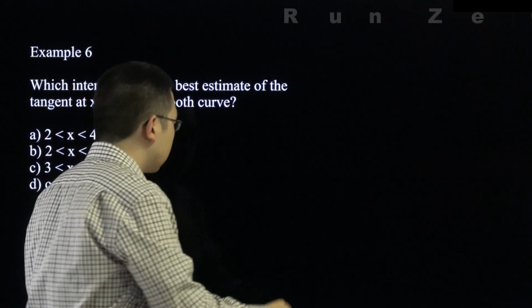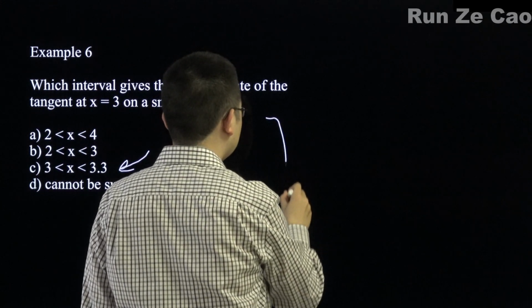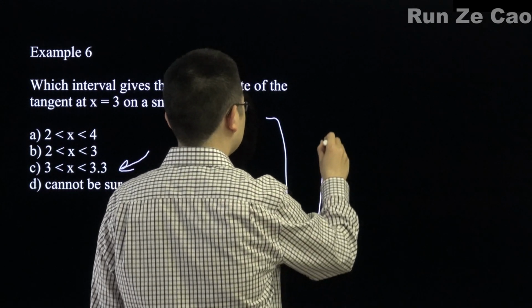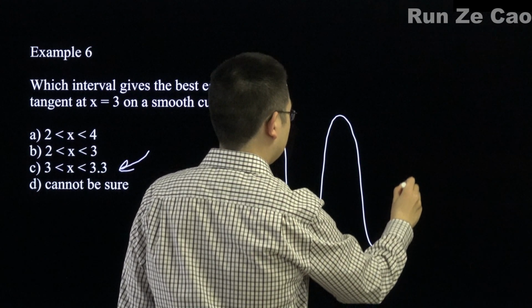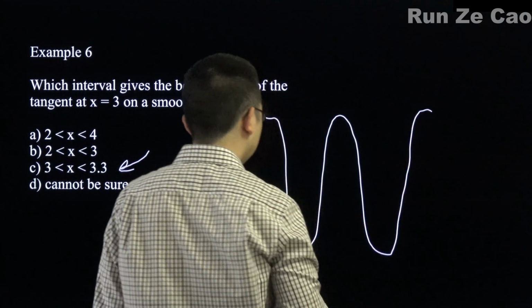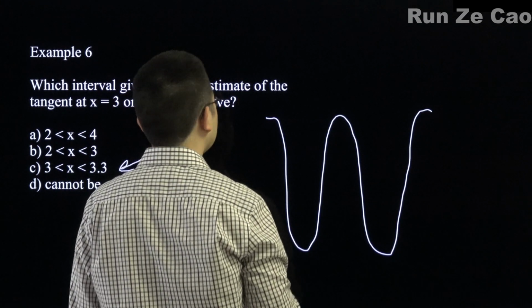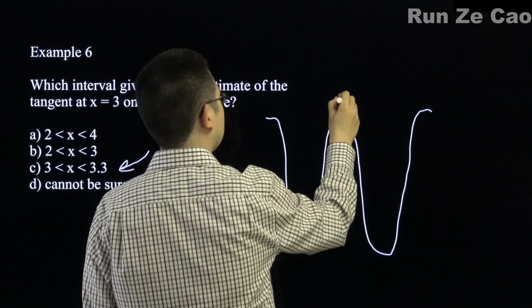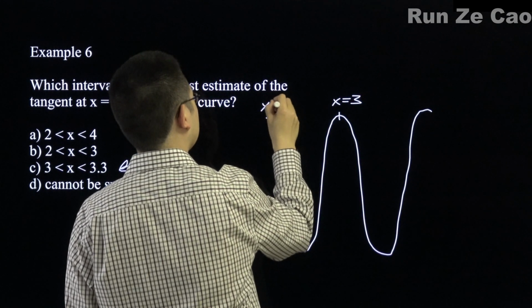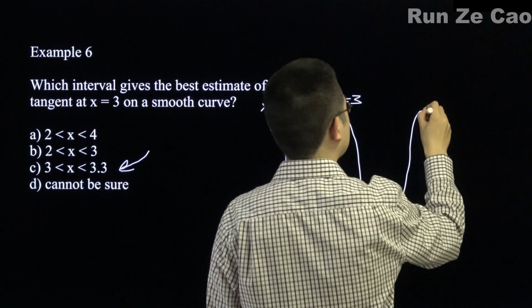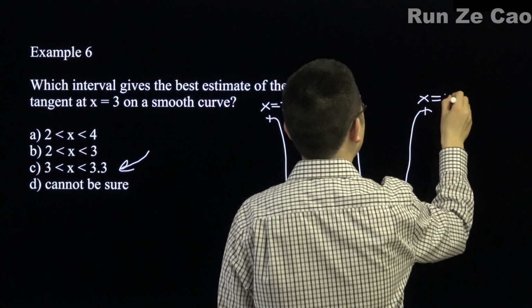Let's say we have something that looks like this. And say, this is x equals 3, this here is x equals 2, and this here is x equals 4.